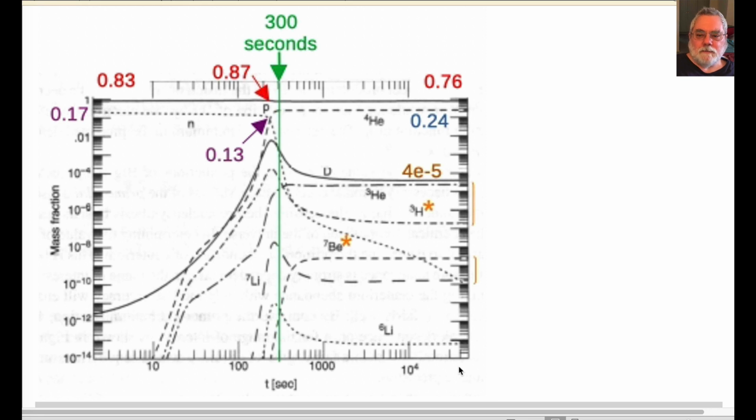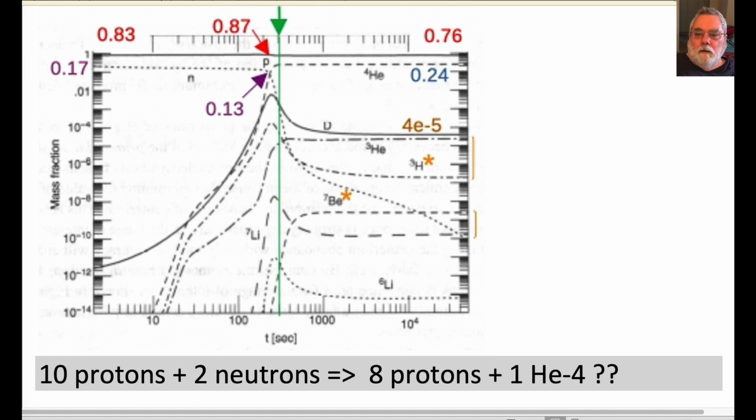The horizontal time scale and vertical mass fraction scale are logarithmic. Temperature, pressure, and total ordinary matter density are falling rapidly with time. Most of the activity is complete by 300 seconds, the green vertical line.